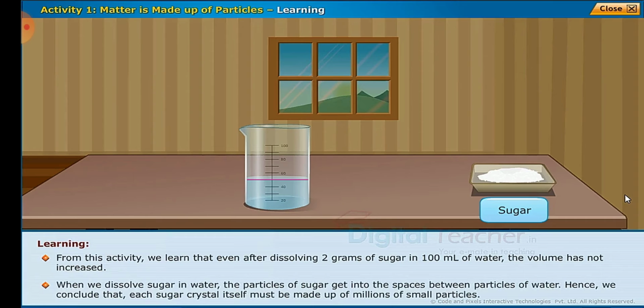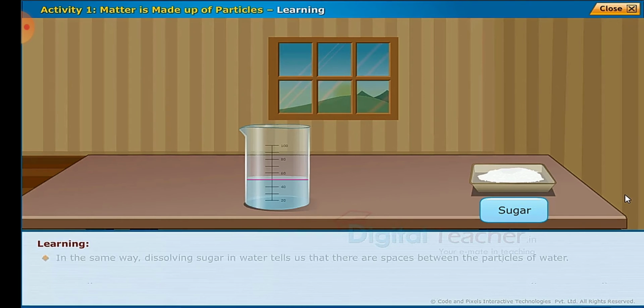When we dissolve sugar in water, the particles of sugar get into the spaces between particles of water. Hence, we conclude that each sugar crystal itself must be made up of millions of small particles. In the same way, dissolving sugar in water tells us that there are spaces between the particles of water.